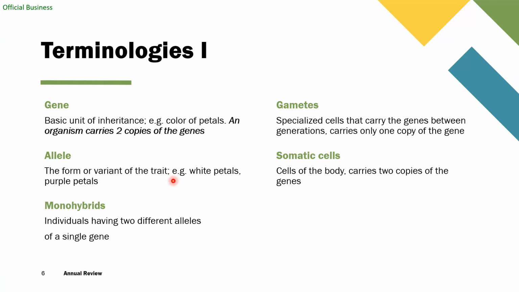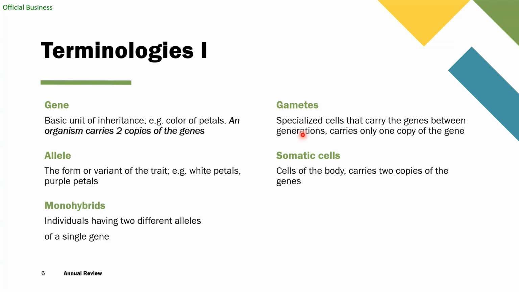Then we call monohybrids individuals having two different alleles of a single gene. In doing genetic studies or genetic calculations with monohybrid crosses, we are tracking a single allele or a single gene.